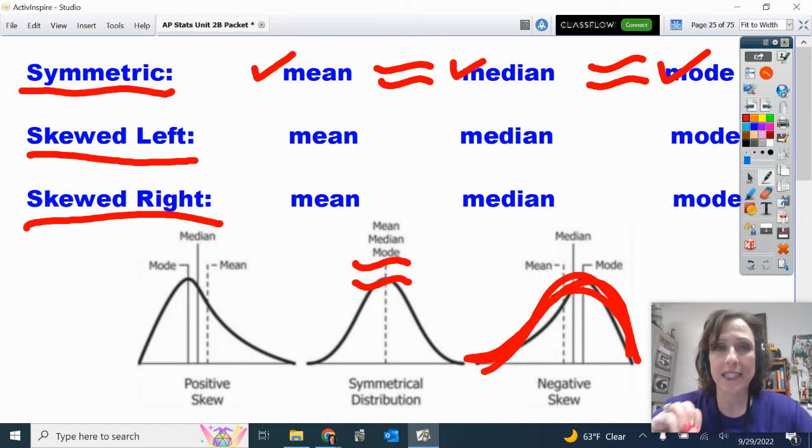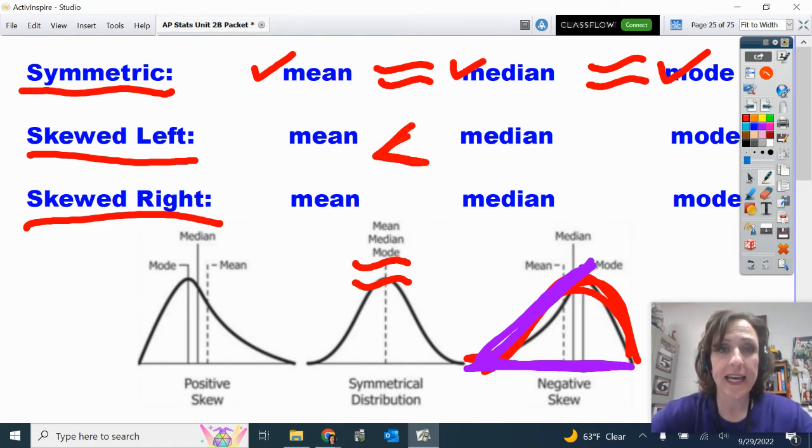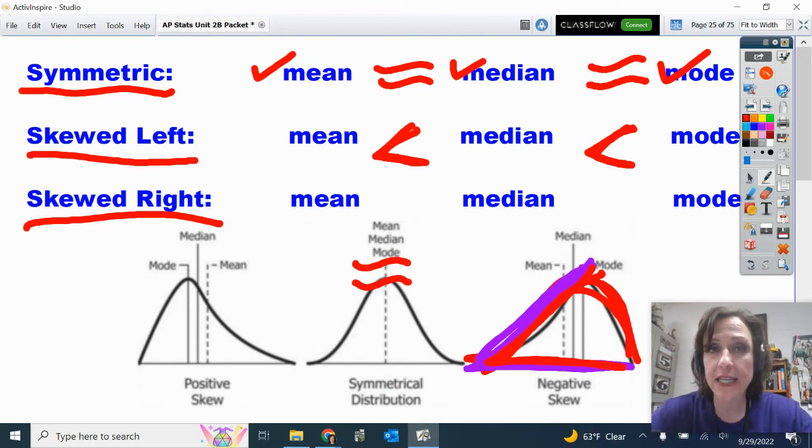Draw an inequality in the shape of that skew, and it looks like this. That is the inequality that goes here. So that tells me when this shape is skewed left, the mean's value is less than the median, and the median's value is less than the mode.